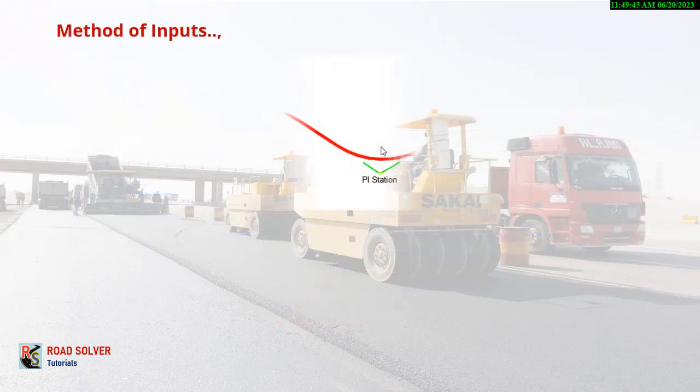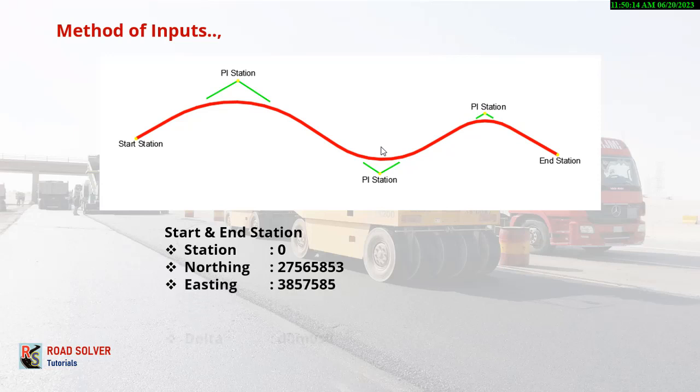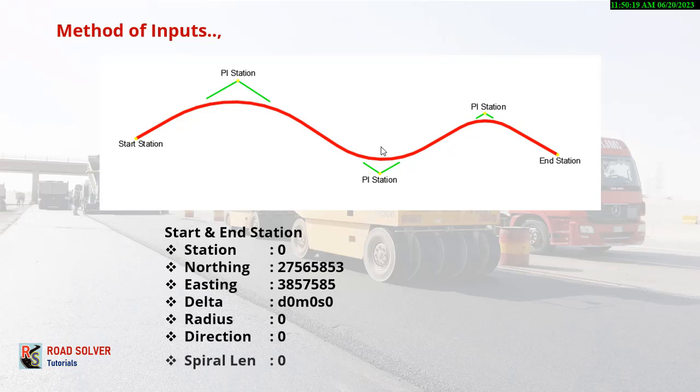Now, the method of inputs. Any alignment will be a combination of straight lines and curves. In the alignment, the start station and end station will be used, with the station value, northing, easting, delta, radius, direction and spiral length.